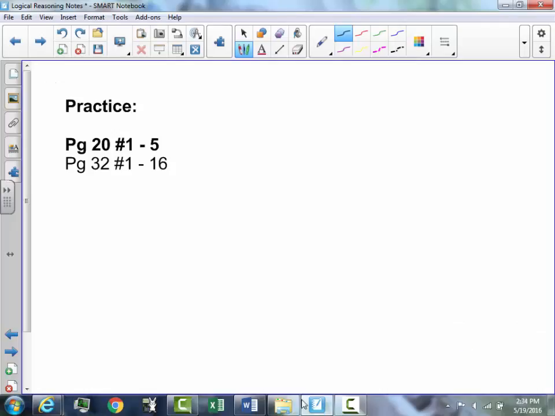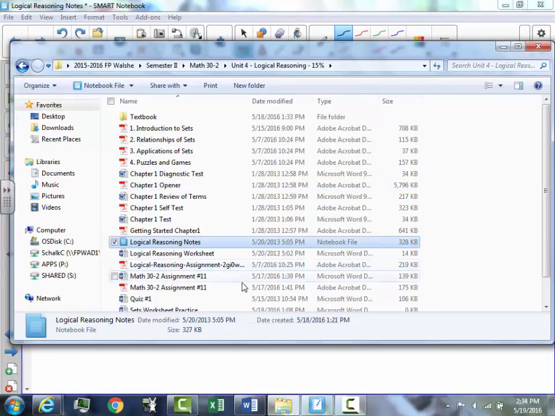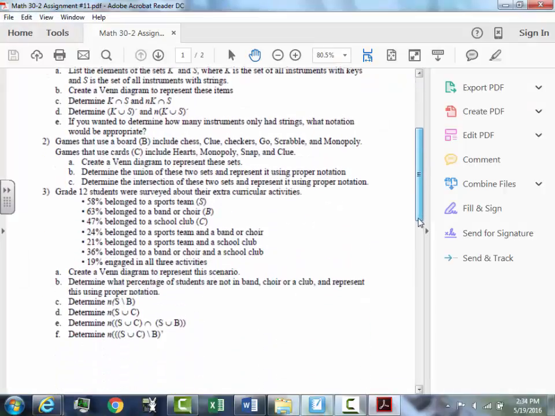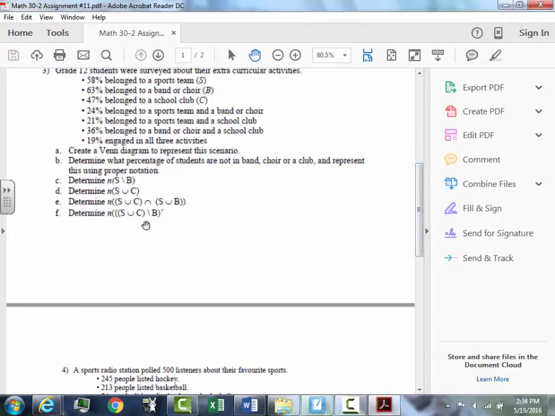Okay. One last thought before you guys kind of pack up. Do you have your assignments nearby? I want to show you some of the questions now, because you can answer most of them. For example, this is the sort of question I want you guys to be able to eventually do. If I ask you N of S minus B, this means find the people who are in S, sports, but who are not in band.